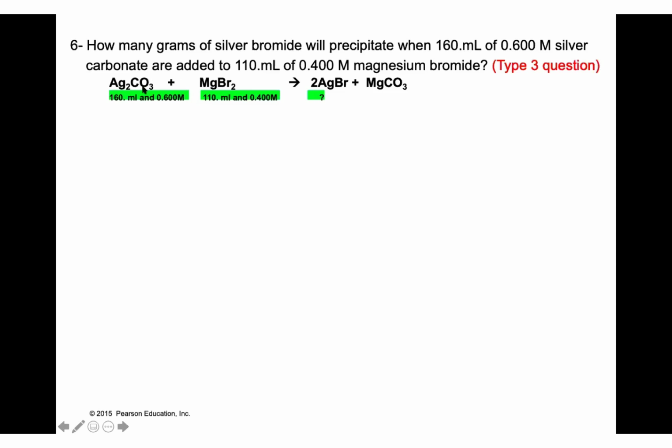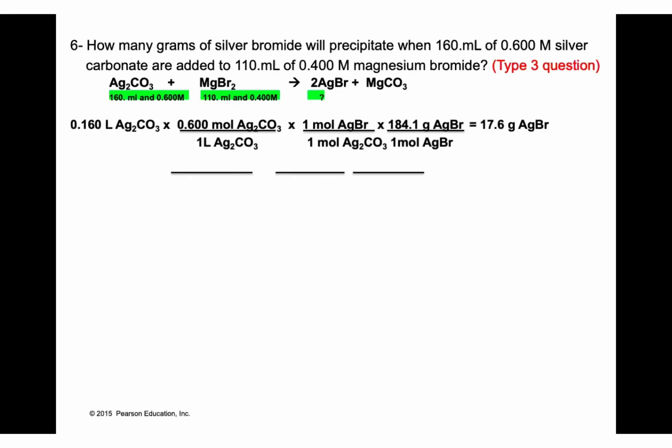So what should I do, guys? I should relate each reactant to AgBr. Why AgBr? Because it's telling us how many grams of silver bromide will precipitate. It's basically asking for the theoretical yield here. So we first start with the Ag2CO3.